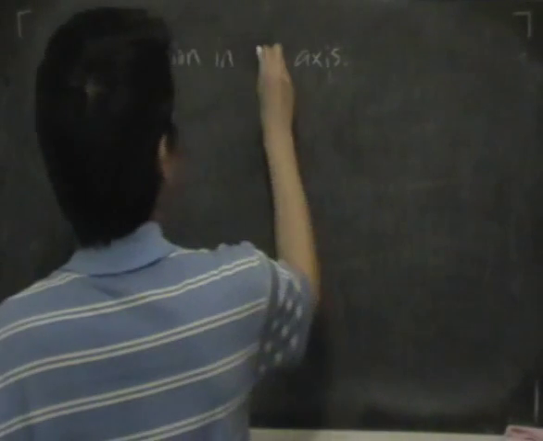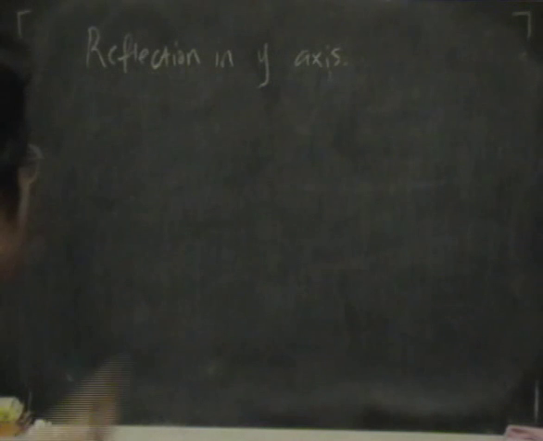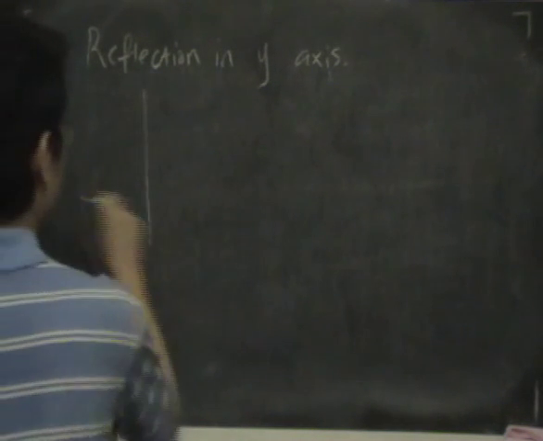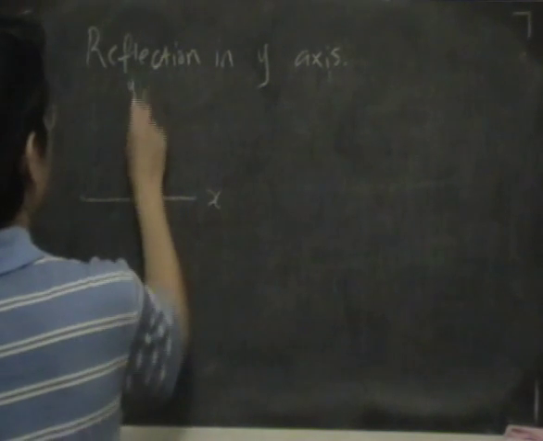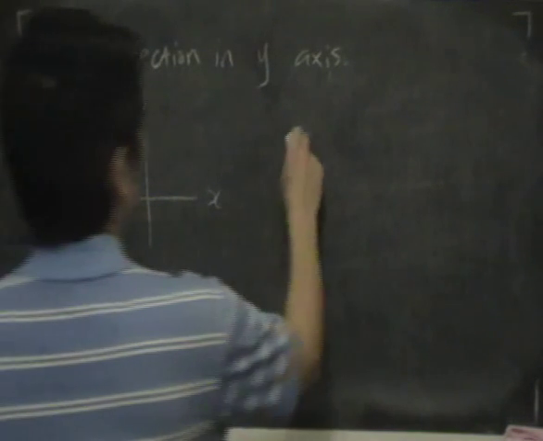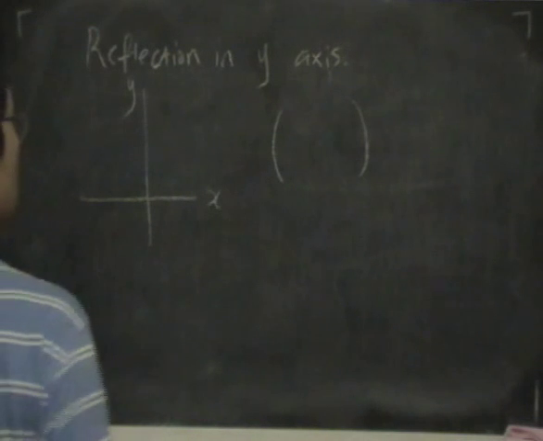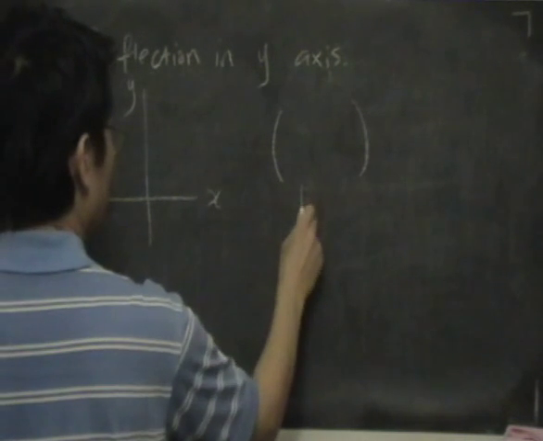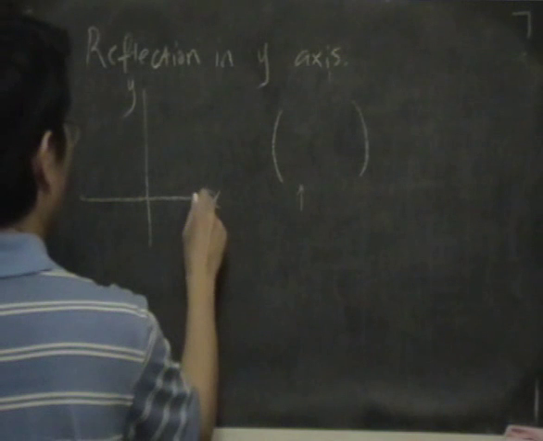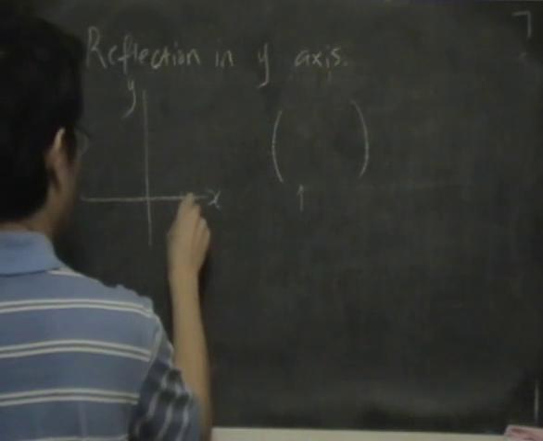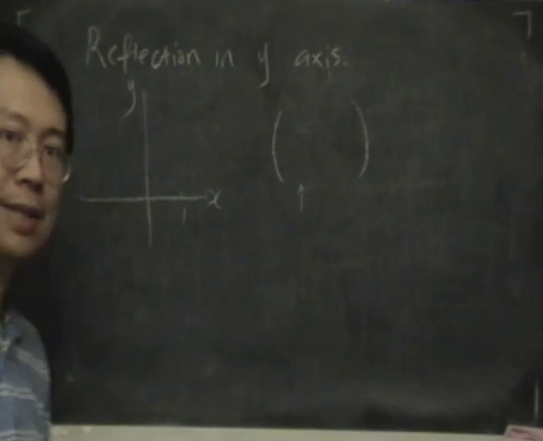Let's do the y-axis. Let's get ready our matrix. So to find the first column, I should look at 1 on the x-axis.